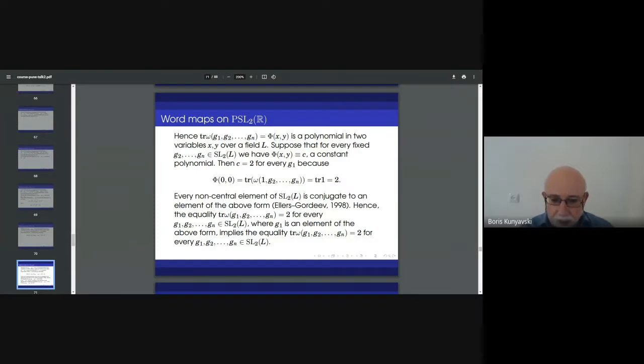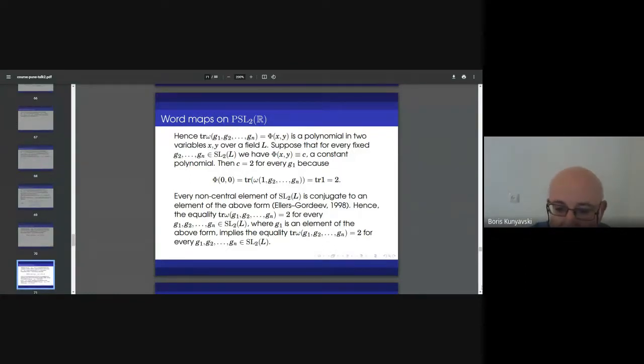Then we have trace 2 for every n-tuple where g1 is of the form written above. So as soon as we have trace 2 for the element of the above form, by this Ellers-Gordeev theorem, trace is invariant under conjugation. Values of W are also invariant under conjugation. We have trace 2 for every n-tuple.